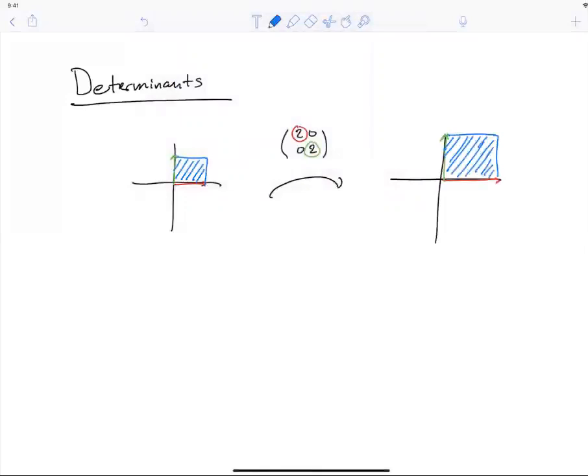So in this case, we still get a box, but because we stretch it times 2 to begin with in both directions, the area is actually going to multiply by 4. And so what this indicates is we're going to say the determinant of A, or at least the absolute value of it, is going to be equal to 4, because the area of this particular matrix multiplied by 4 under the transformation.